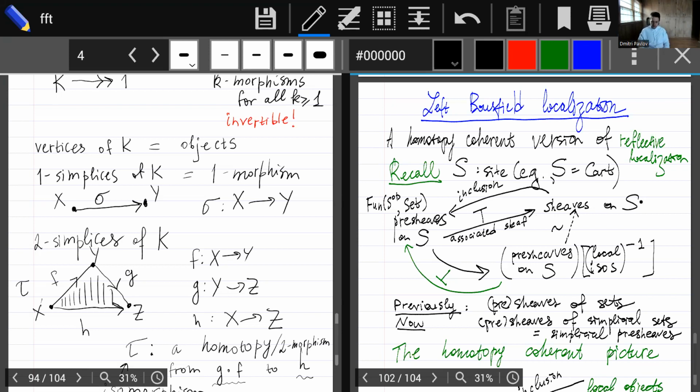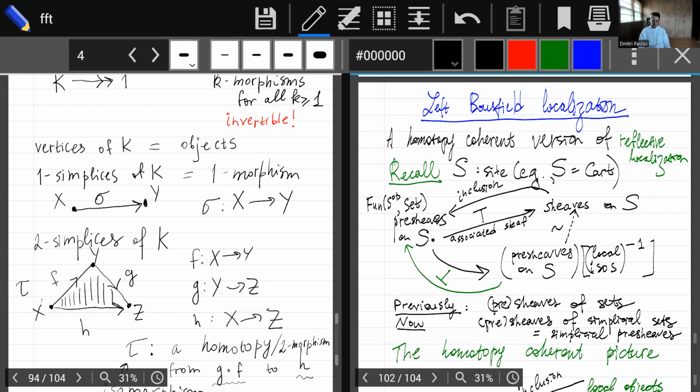And there is one more way to describe the category of sheaves, which will be very, very important for what follows. And this is the category of fractions. So we start with an observation that the associated sheaf functor creates a relative category structure on presheaves.